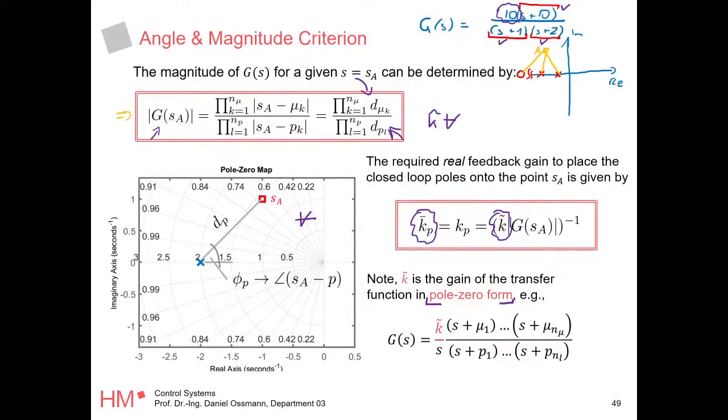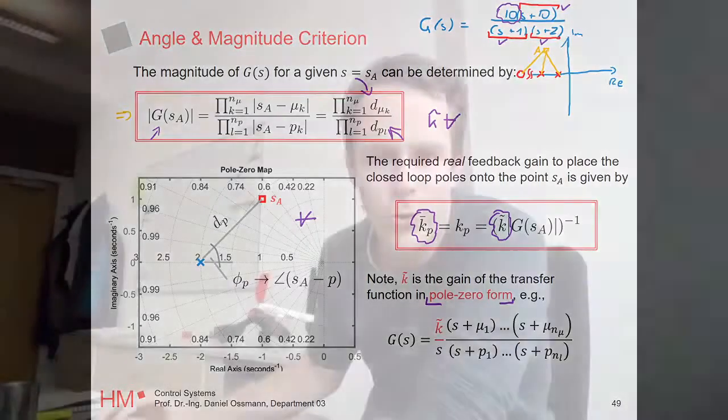So really consider always having the pole zero form, and this is why I introduced this gain k tilde, which is not your static gain, because for the static gain you also need to consider all these guys, right? So this is why I explicitly introduced it when we talked about the transfer function. It's basically all the rest of the gains which are not covered by all the poles and zeros.